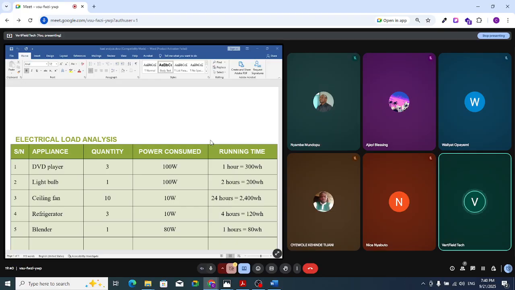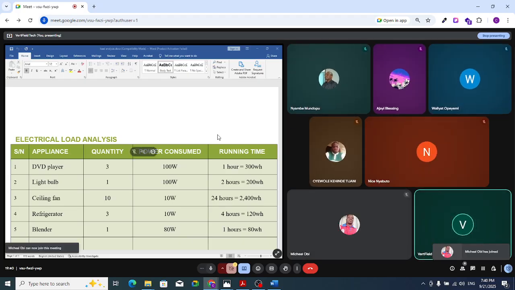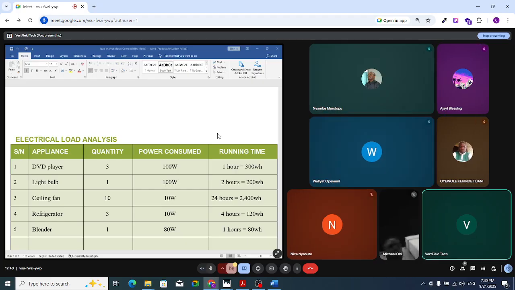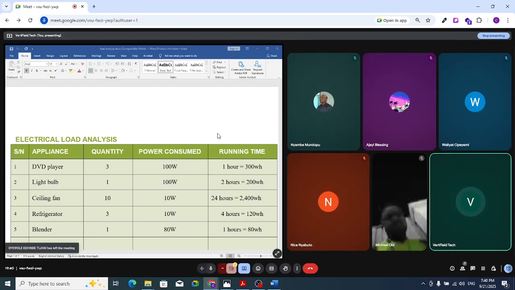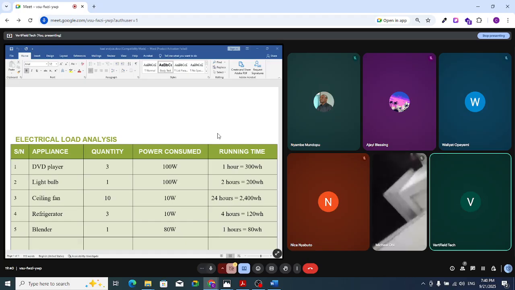Electrical load analysis is that table which gives you the various appliances and the various details concerning those appliances, details that would help you to know the energy being consumed by the appliances. Yes, so that's what we call electrical load analysis.